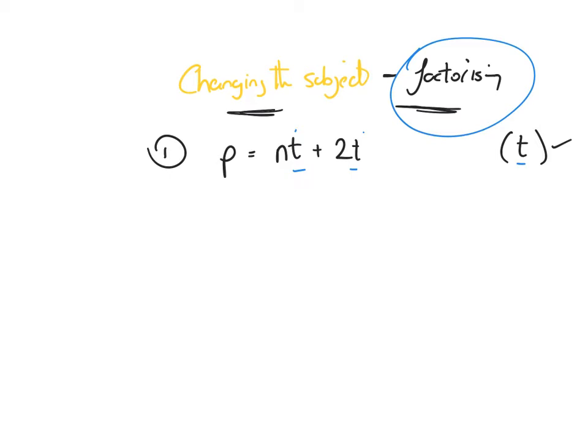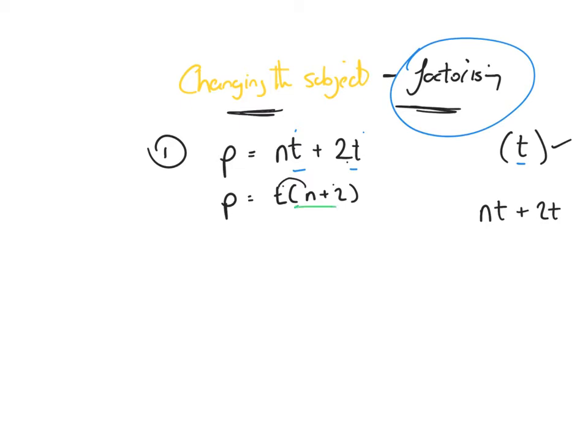So if I was to factorise nt plus 2t and take out a common factor, the common factor is definitely t. So that would now be t bracket n plus 2, since t times n is nt and t times 2 is 2t. So now what we've got is p equals t bracket n plus 2.